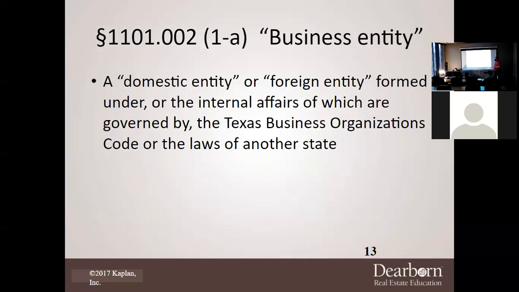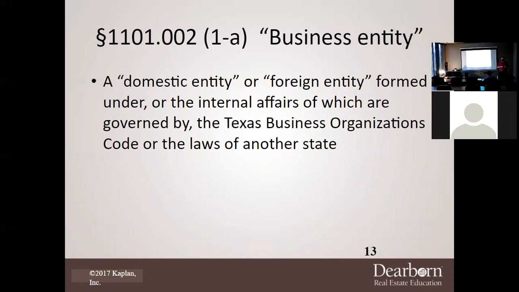Now, what exactly is a business entity? Stephanie, what's a business entity? Who's your sponsoring broker? No, sir. I'm incorrect. No, sir. Who's your sponsoring broker? Back there. Oh, Nobles Realty. Nobles Realty Group. I don't sponsor you. Nobles Realty Group does.